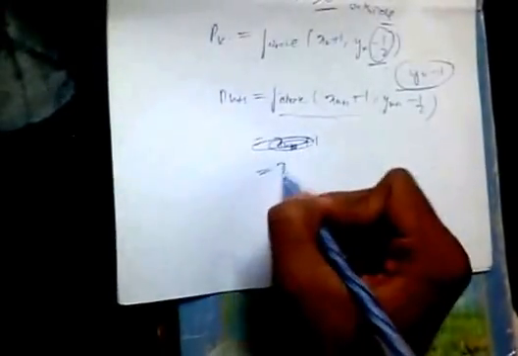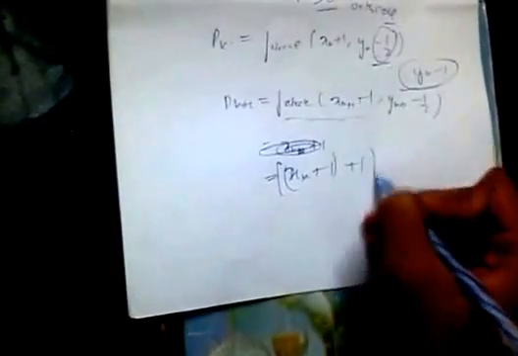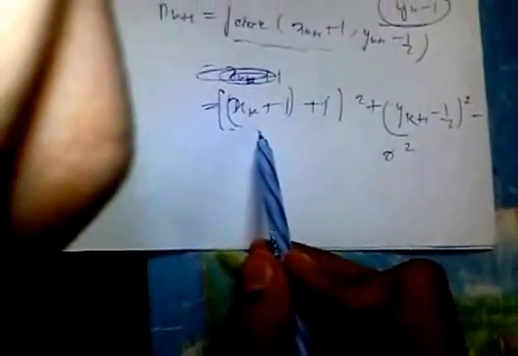Sorry, this is not xk plus 1 plus 1, this is only xk plus 1. It is xk plus 1 whole square plus yk plus 1 minus half whole square minus r square. I am also using Hindi in between. Now, the question may come, why xk plus 1? That's obvious because we are using this. Okay, but the question in mind is why xk plus 1? I will come to that further.